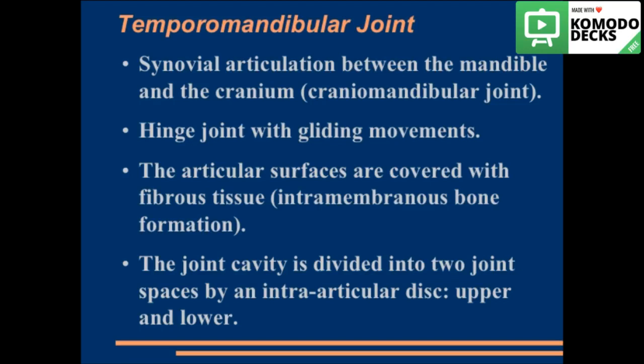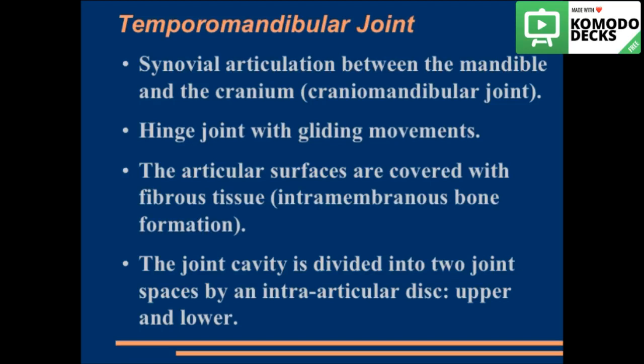What is also characteristic about this joint is that the articular surfaces are covered with fibrous tissue, and it is a center of cartilage and intramembranous bone formation.